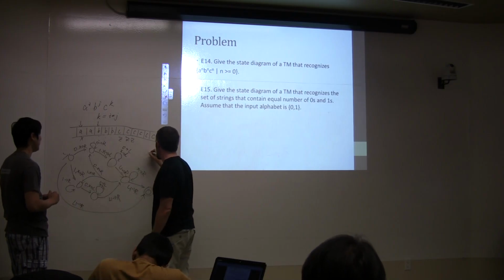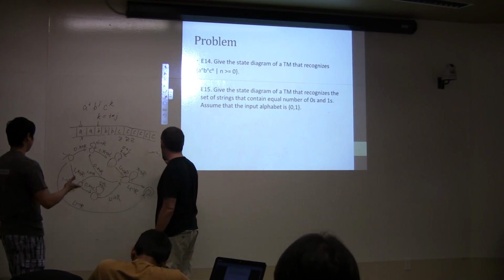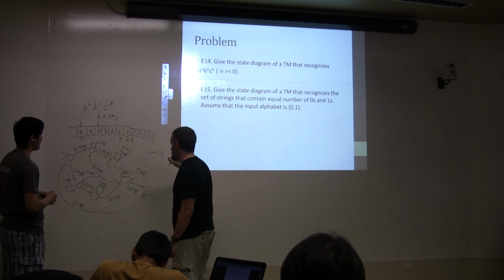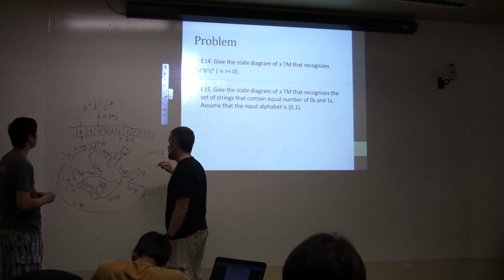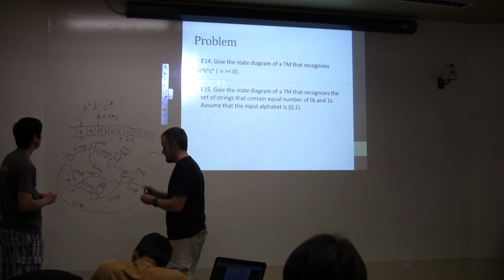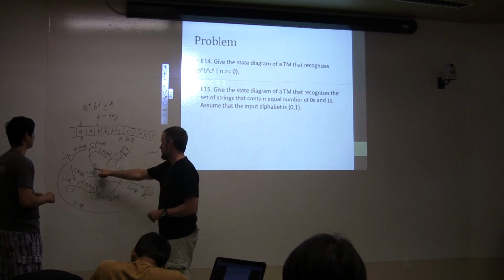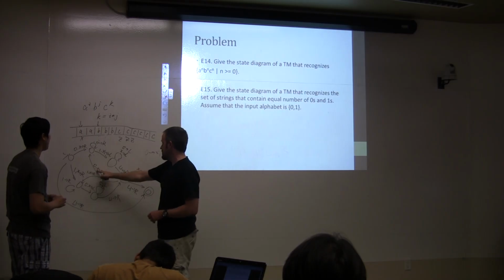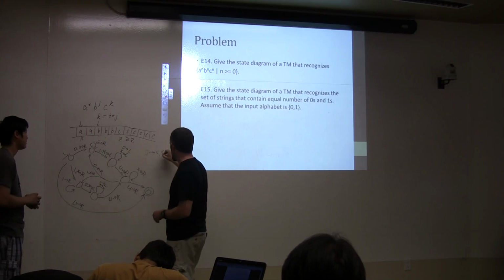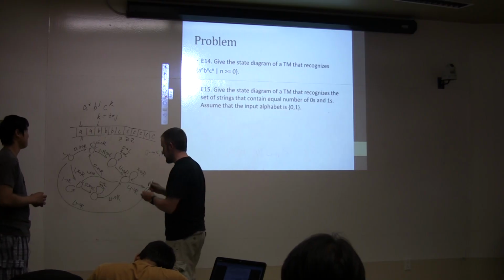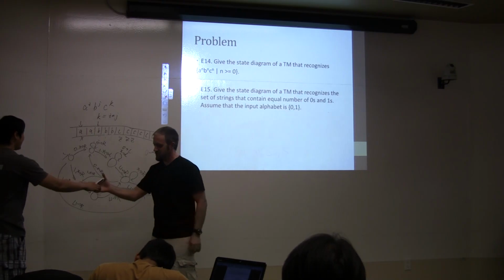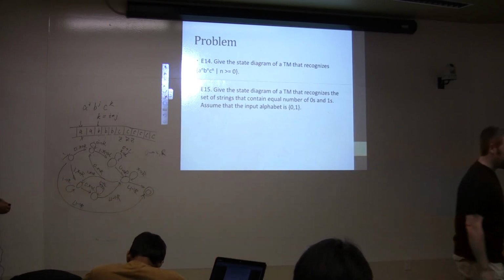So shouldn't that be 0? Yeah, you're right. So that means if I see a 0, replace it with an X and then move right. But it should be more like that form. Sorry, I'm being nitpicky, but I was confused.